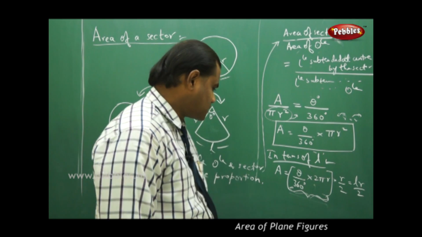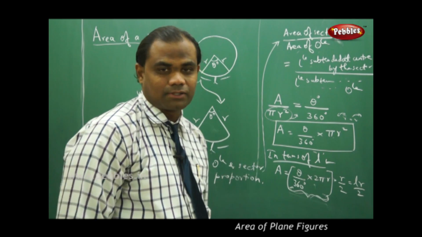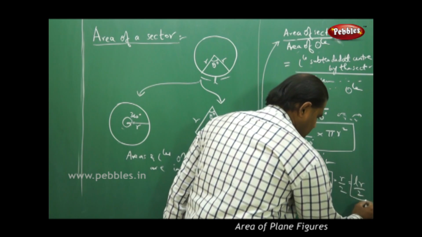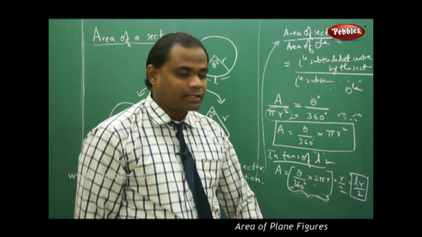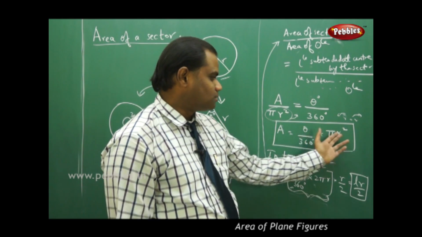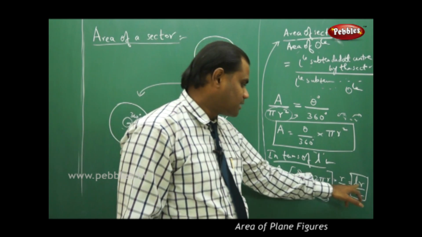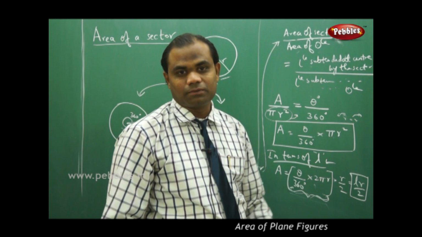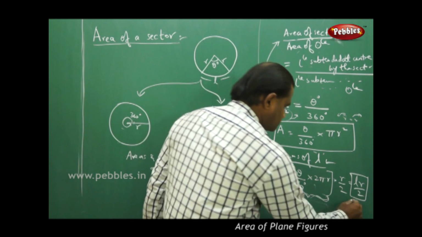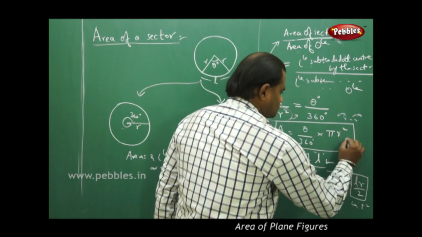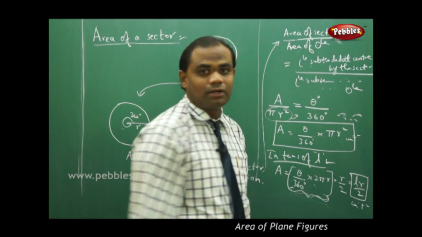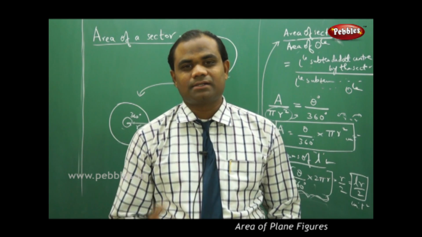Therefore, my area of sector in terms of length of arc is A equal to LR by 2. So area of sector in terms of angle is theta by 360 into pi r square, and in terms of length of arc is L times r over 2, so LR by 2 unit square. Units are very important when we write areas and perimeters.